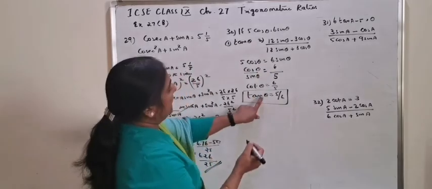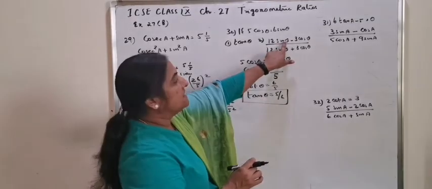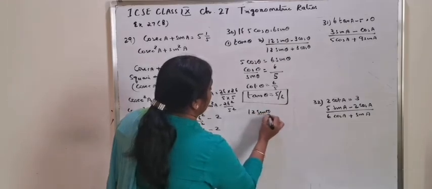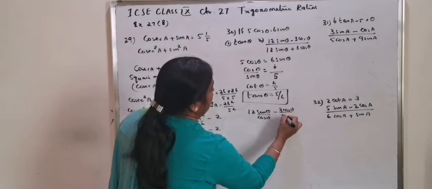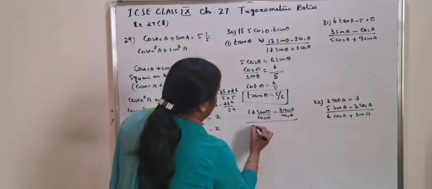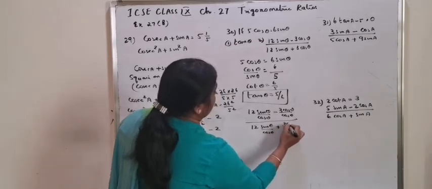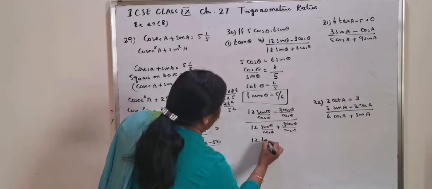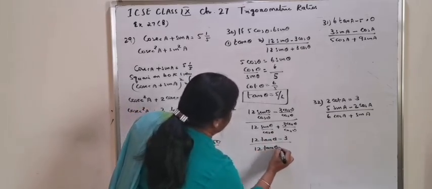Now, tan theta is sin theta by cos theta, so divide each term by cos theta. It shows 12 sin theta by cos theta minus 3 cos theta by cos theta, divided by 12 sin theta by cos theta plus 3 cos theta by cos theta, which is 12 tan theta minus 3 by 12 tan theta plus 3.